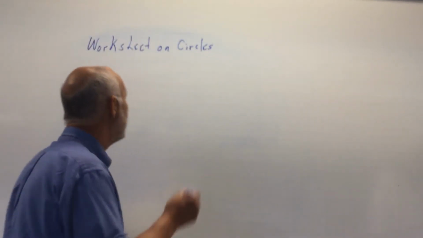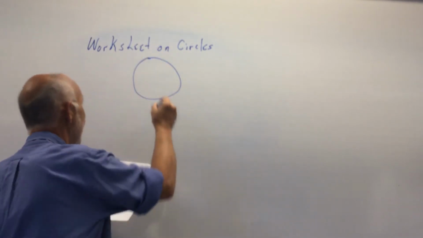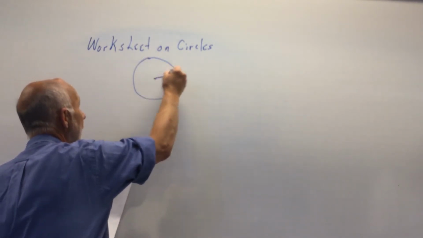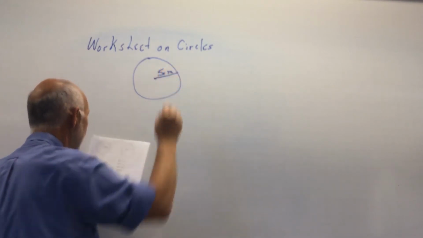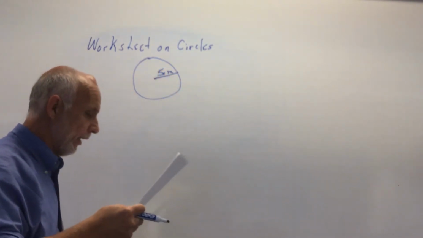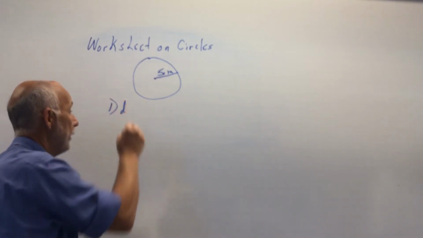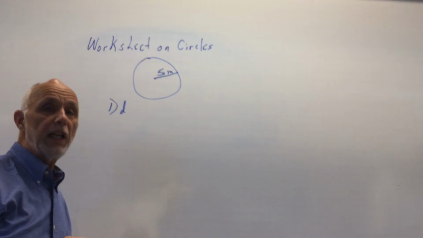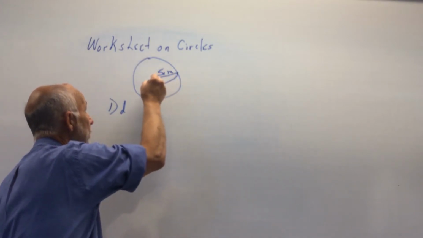So, first of all, you had a circle like this, and then from the middle outside, you had 5 centimeters. And I asked you to do 4 things with this. The first thing I asked you to do was give me the diameter. Now, what you need to understand is diameter is the distance all the way across.